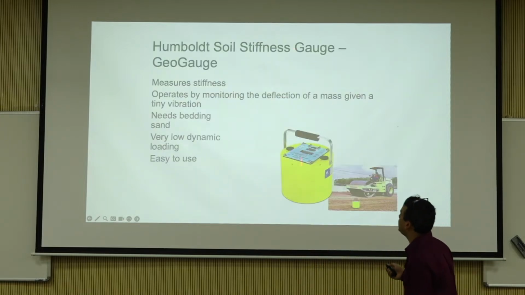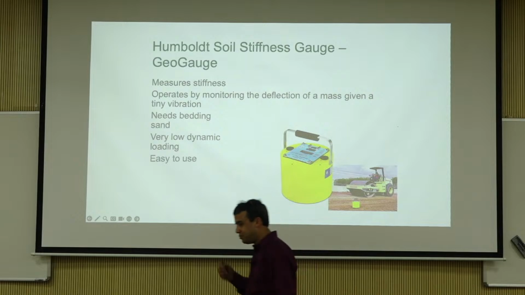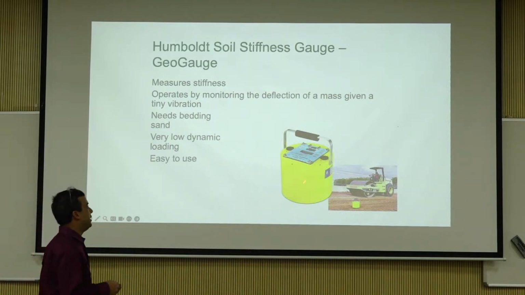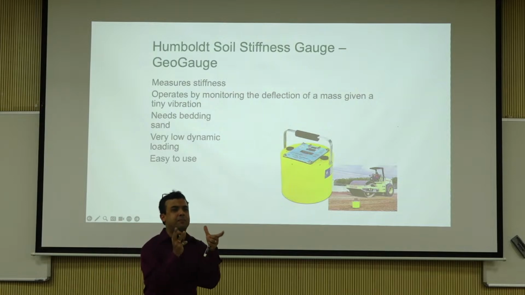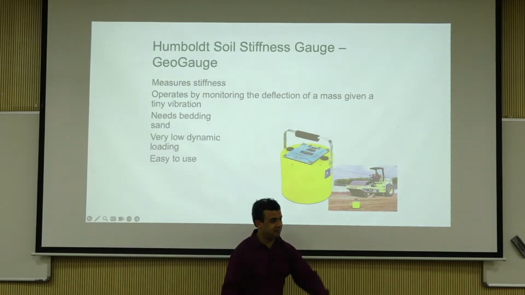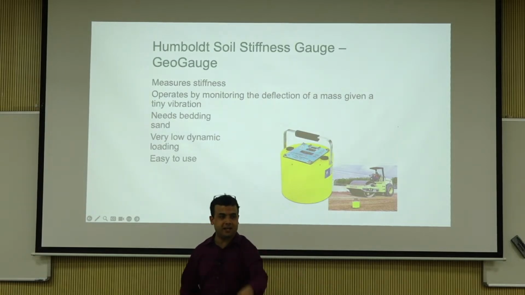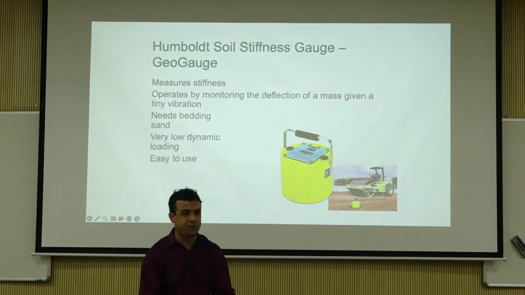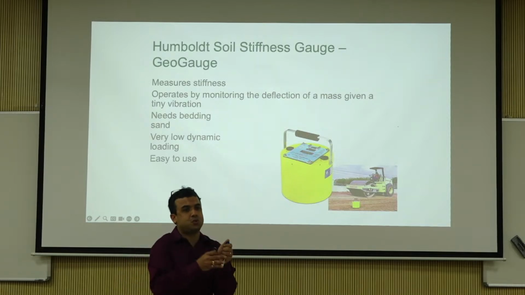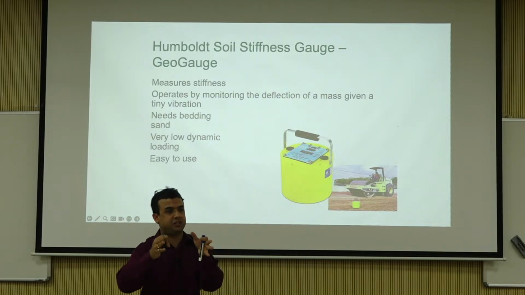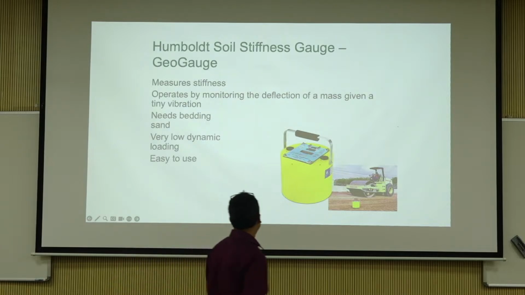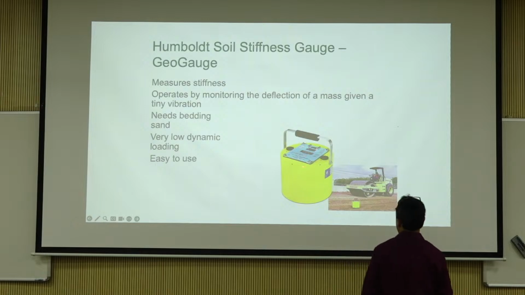Soil stiffness gauge, this is something that doesn't get used as much. I did it quite a bit in my PhD. It's a very small strain vibration that is induced. It's like a little suitcase kind of thing that you just carry, put it on the soil, ensure good contact, and then you turn it on, and it applies 20 different frequencies of vibrations and measures the deformation, and then presents something called a stiffness and a modulus, both of them.